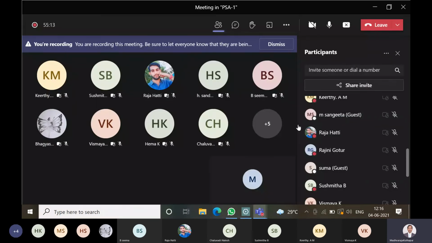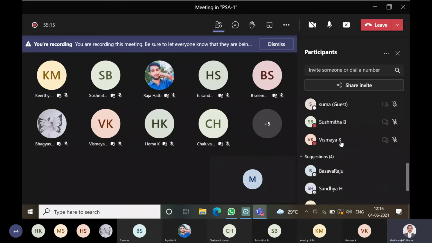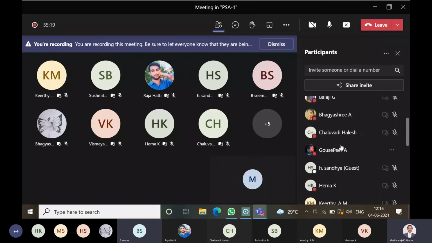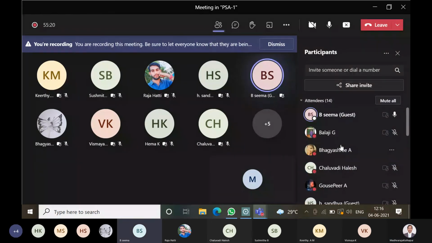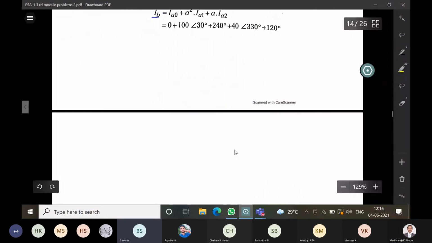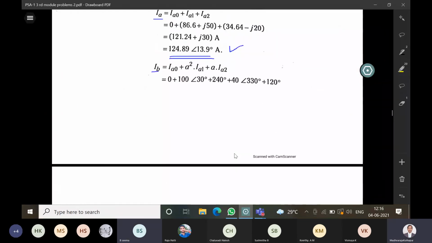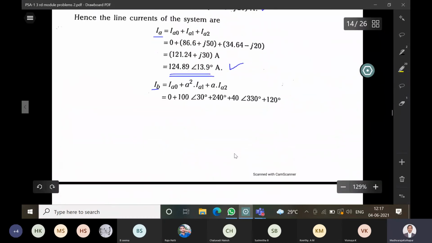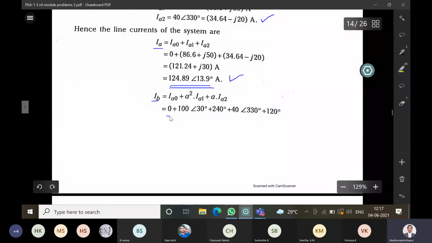Sir, 481.24 plus j30, sir. No, not 484, check it. IA naught is 0, right? IA1 is 100 at an angle 30. A square is there, hence it is 240 degree.